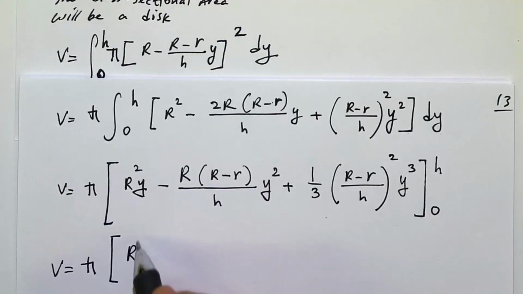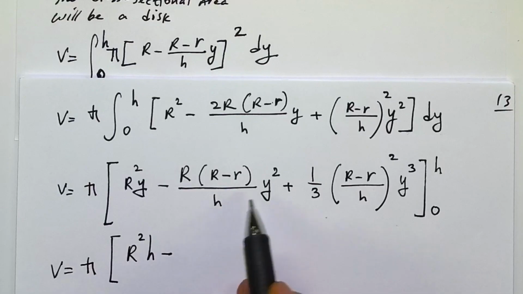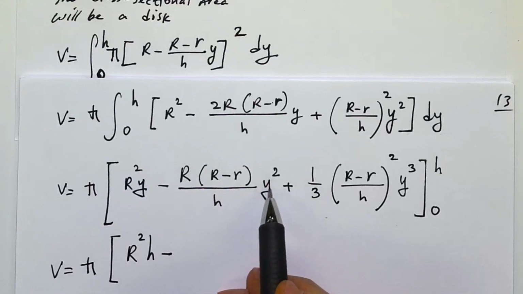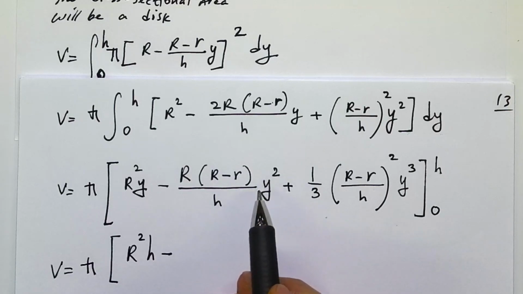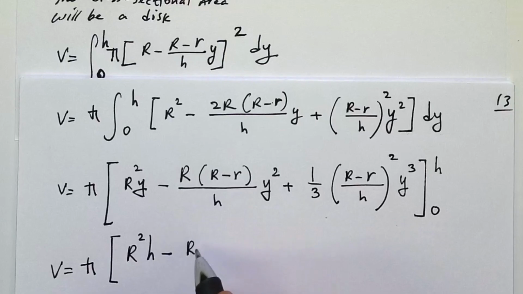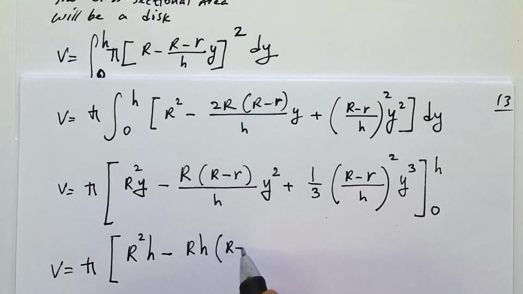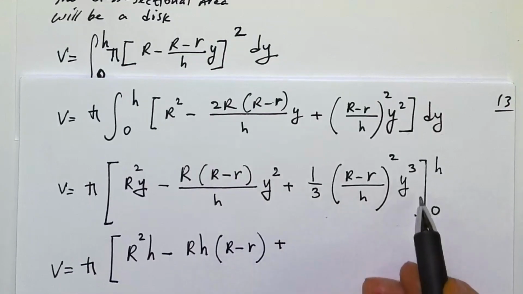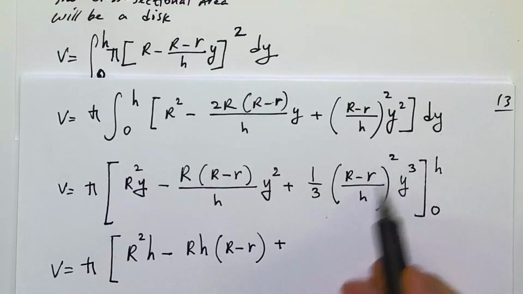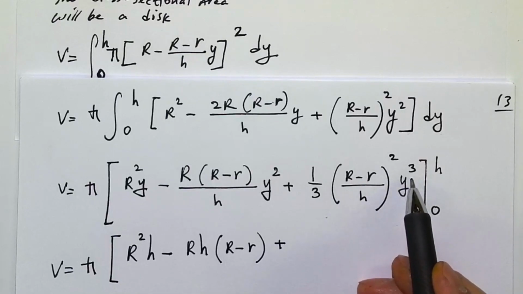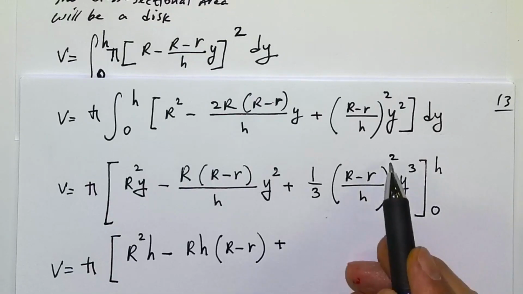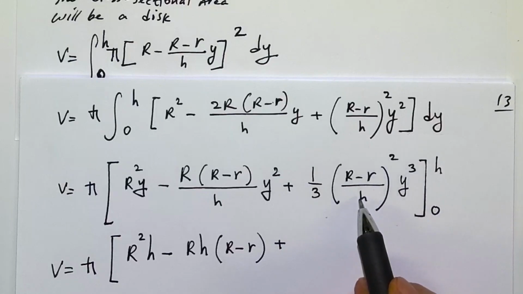So this is what I have, r squared h minus, if we substitute for y squared, this would be h squared divided by h, we'll end up with h, right? So minus rh times capital R minus lowercase r, plus, again, things would simplify here, this would be h cubed divided by h squared, so we end up again with h.